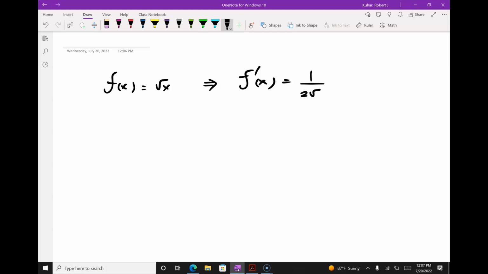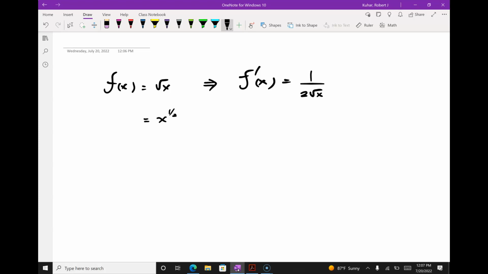One over 2 square roots of x. We should have that memorized. Of course, this is a power rule. This is x to the 1/2 power. So you can clearly see where the 1/2 is coming from, correct?